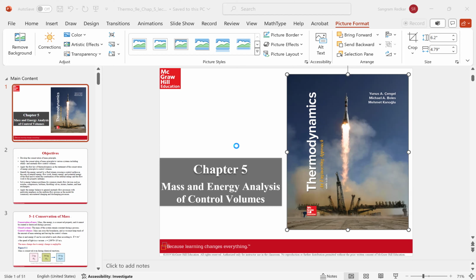We'll find out if the work and energy interactions are positive or negative and solve the problem. So for example, this is the energy at exit, this is the energy at intake. The difference between these two energies is nothing but the difference between the heat and work interaction. This is what it means.